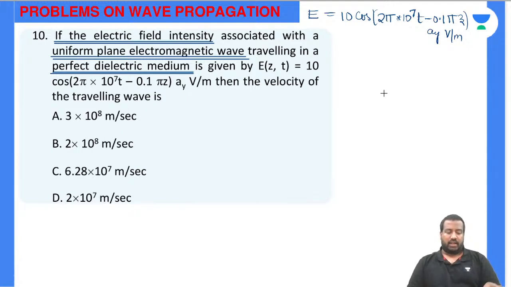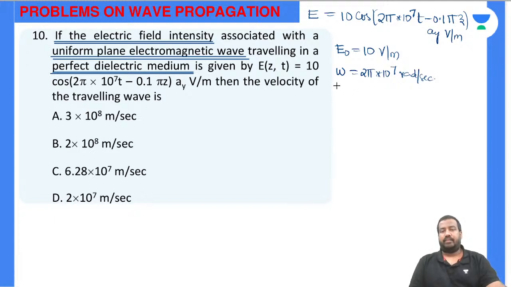The velocity of the travelling wave is... From the given data, amplitude of electric field 10 volt per meter, omega 2 pi into 10 power 7 radian per second, beta 0.1 pi. Find it here, find it.